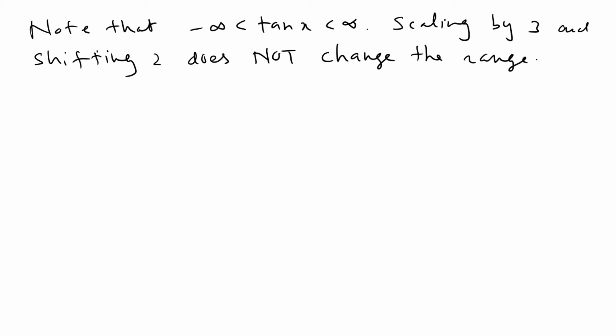You can see that it's because it's infinity. Since it is infinity, even if you multiply by 3, that's still infinity. Even if you add 2, it's still infinity. So that means the range does not change. Thus, the range of the function is still negative infinity to positive infinity.